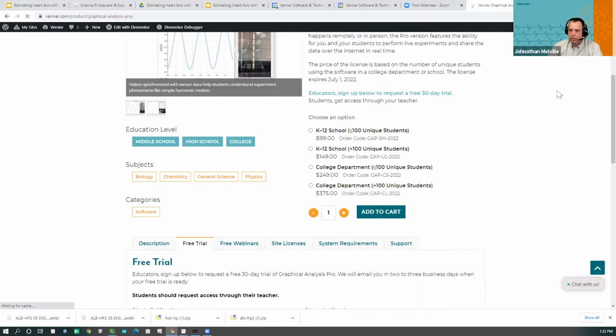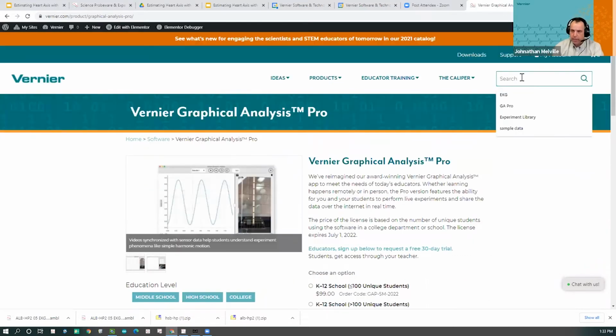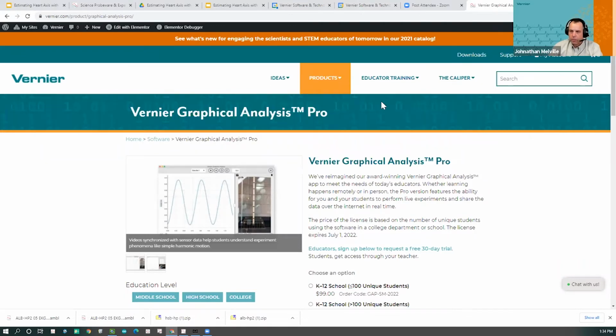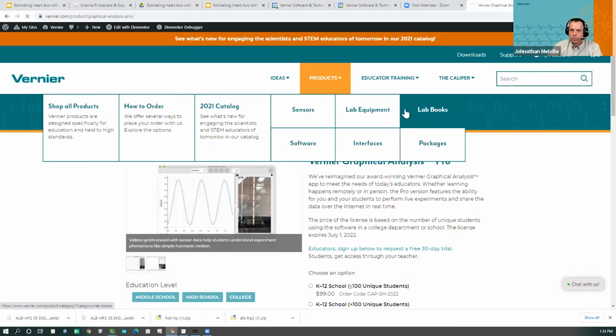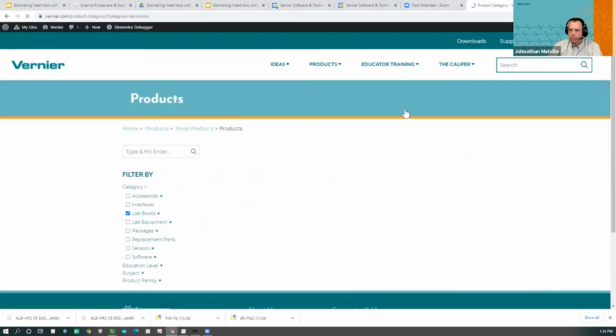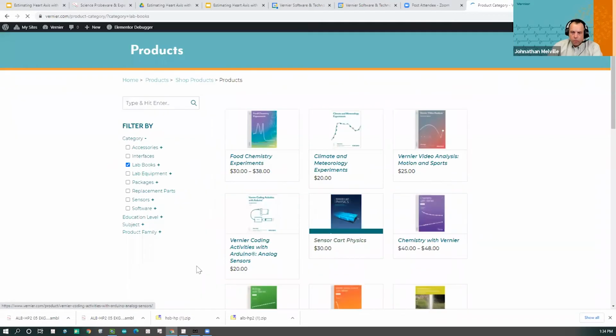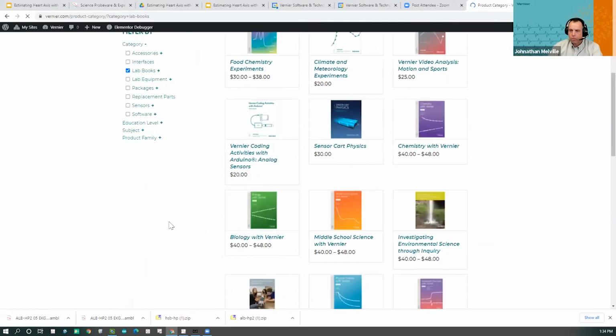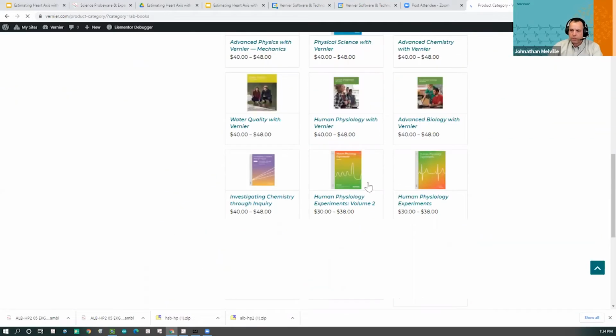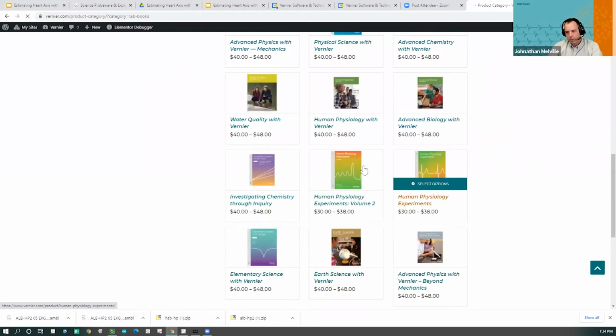And once again, this lab is actually from our new lab book, Human Physiology with Vernier. So there's Human Physiology Experiments Volume 2 and Human Physiology Experiments 1.